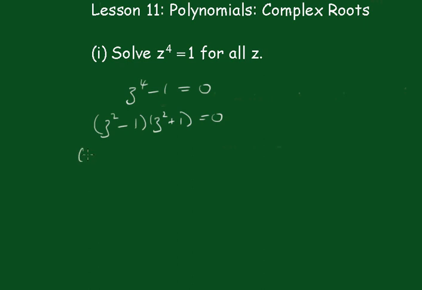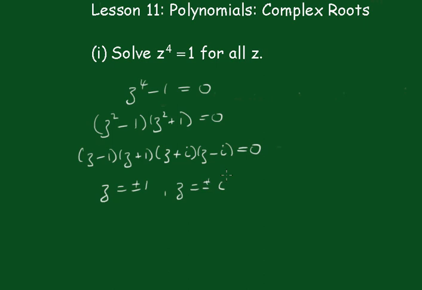Of course that is z minus 1, z plus 1. And this, of course, is z plus i times z minus i equals 0. So all the roots are z equals plus or minus 1 and z equals plus or minus i.